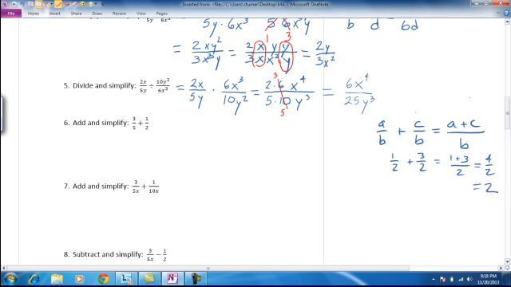The problem we have here with number 6 is I don't have a common denominator, which means I need to get one. We'll need to find the LCD. I'm sure you've probably seen that before. LCD is least common denominator.